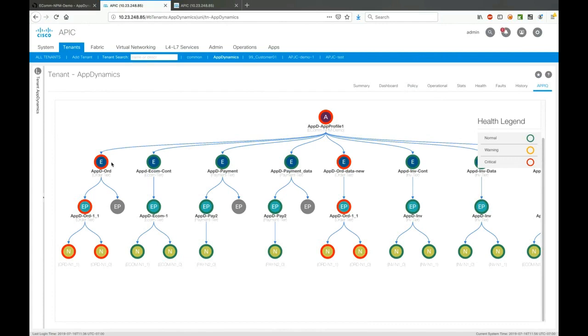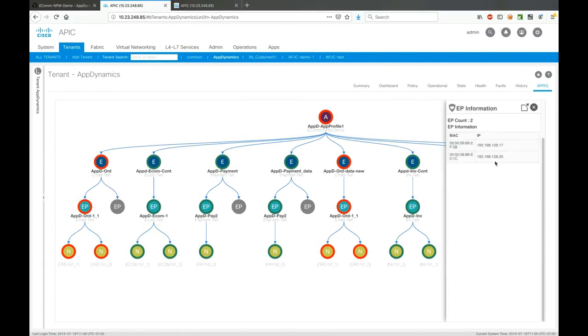So in this case, the network operator has configured this particular AppDynamics grouping to have two endpoints, AppDynamics1 and some other set of endpoints. And out of that, only one is a part of this application. So ideally, you'd want to move these endpoints out of this grouping or the policy construct that you've created.